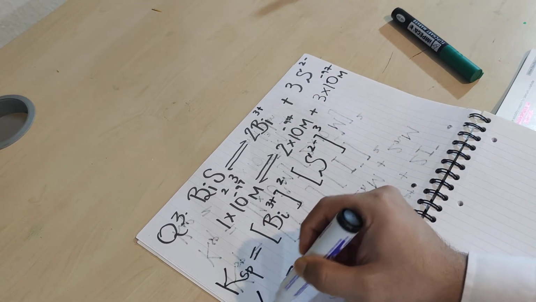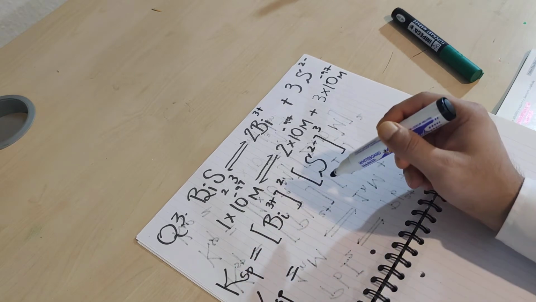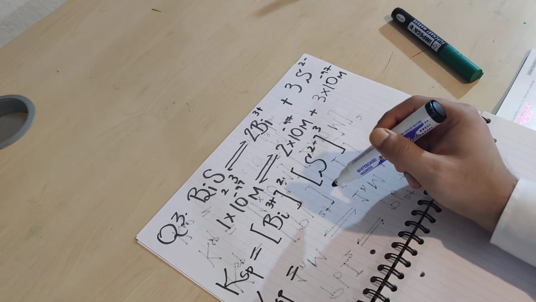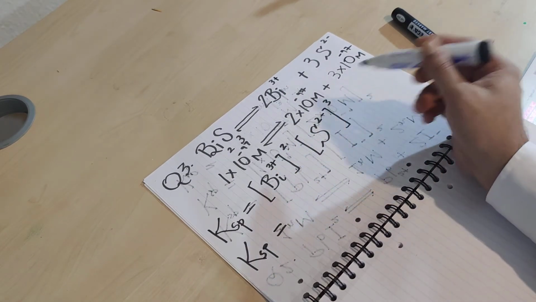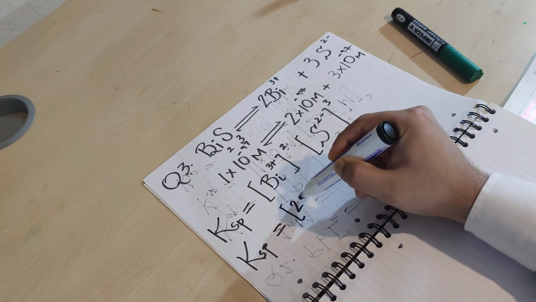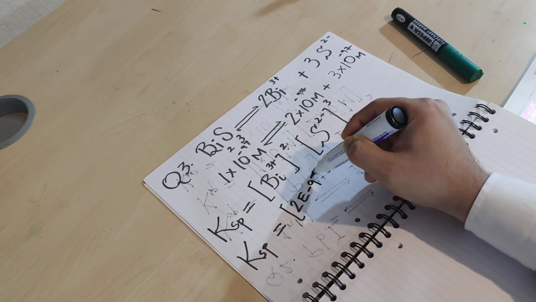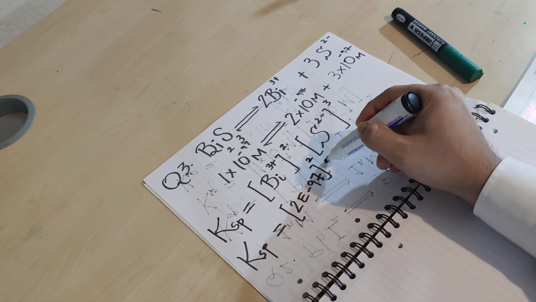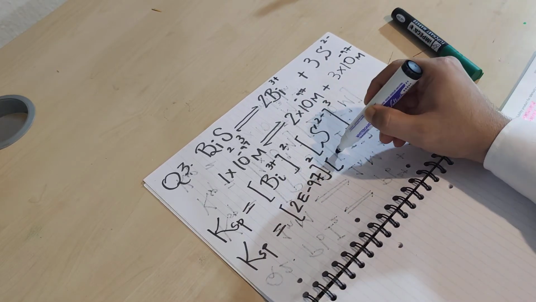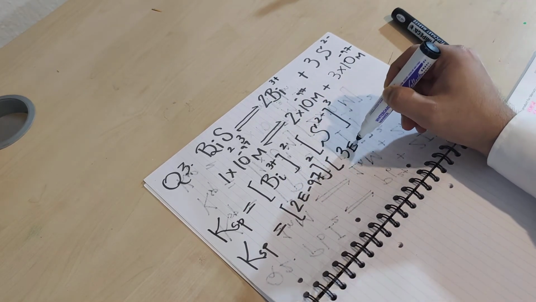This is turning out to be a bit more taxing in terms of the arithmetic, so let me now, you'll have to multiply 2 exponent minus 97 squared times 3 exponent. I should not be writing it like this.